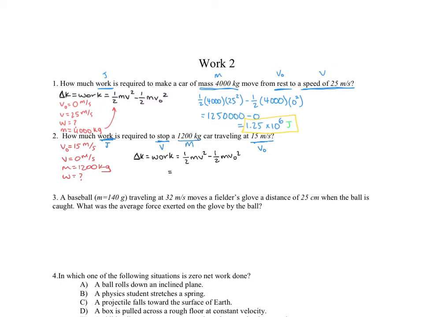Now, if we plug that in, we get 1/2 times 1,200 times our final velocity, 0 squared, minus 1/2 times 1,200 times 15 squared, and then you get negative 135,000, which is equivalent to negative 1.35 times 10 to the power of 5.